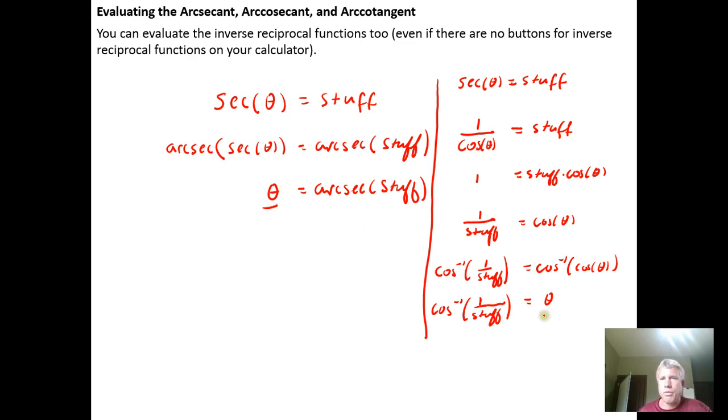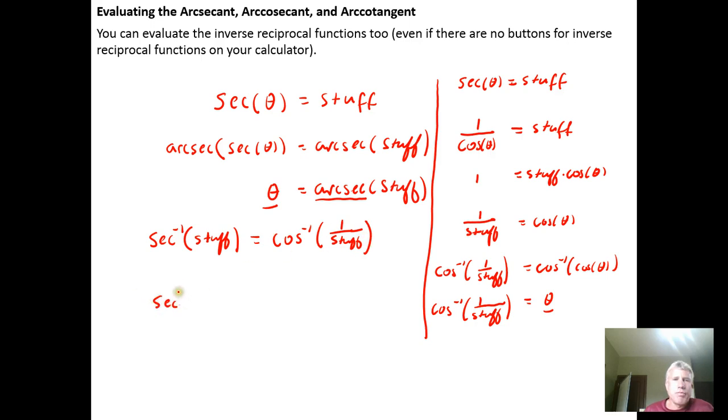So I can get theta either one of these two ways, which means that the secant inverse, or the arc secant of stuff, is equivalent to the cosine inverse of 1 over stuff, as long as the stuff wasn't equal to something silly like 0, which it can't be because of the range of the secant function, so we don't need to worry about that. So we get these two statements that are equivalent, and this makes sense.